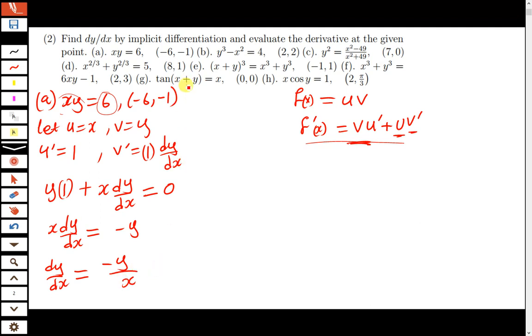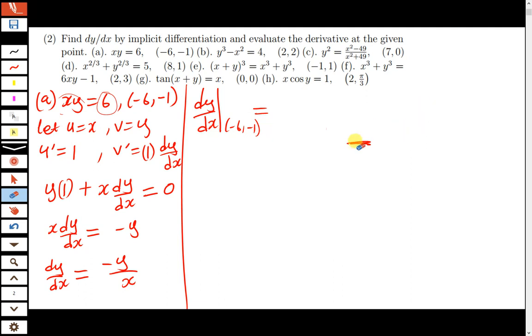So dy/dx at this point, negative 6 comma negative 1, is equal to negative, and where there is y, I'm putting negative 1, and where there is x, I'm putting negative 6. So this answer simply gives us negative 1 over 6.